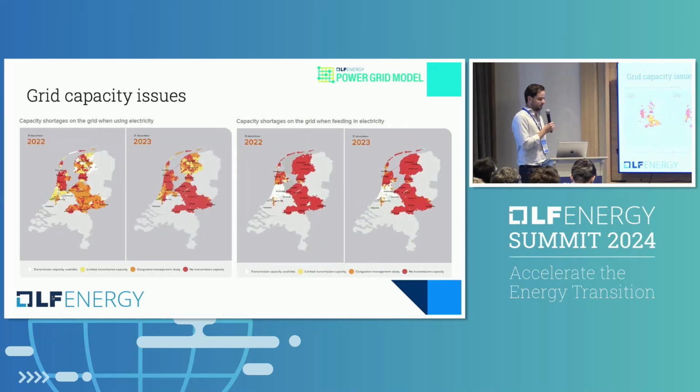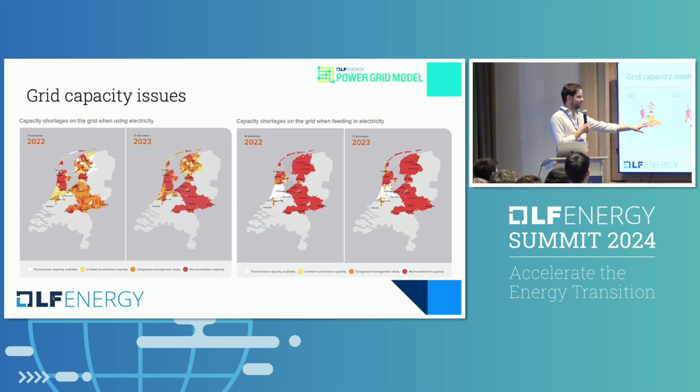And then some pictures that maybe some of you are familiar with, not these particular ones because these are from Alliander, but this is happening everywhere around the world. These are already from last year. So what you can see here is the grid capacities that we have as a distribution system operator. And as you can see, for using electricity, it was not okay anymore, but there were still some possibilities in 2022.